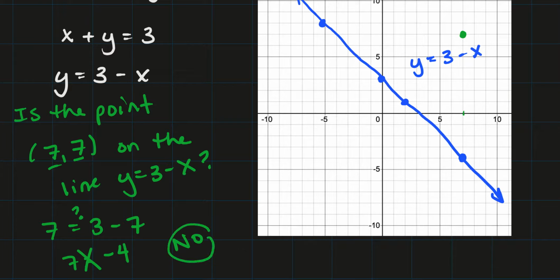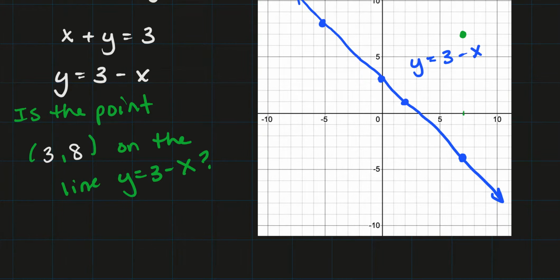Let's choose one more just for fun. Let's do 3, 8. Is this point on the graph? And the answer is no. Why is the answer no?